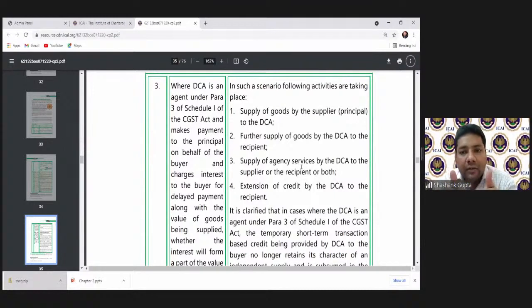Principal is supplying goods to the agent. Agent is then supplying goods to the recipient. Agency services are being supplied to the supplier or recipient or both. And in this case, DCA is extending credit to the recipient.